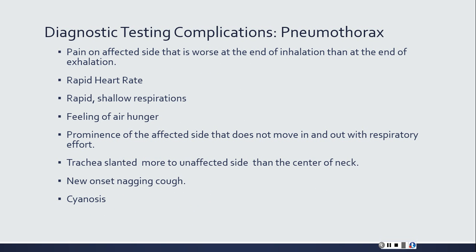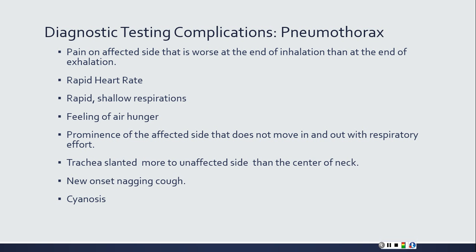Rapid heart rate, rapid shallow respirations, feeling of air hunger, prominence of the affected side that does not move in and out with respiratory effort. So, unilateral movement during inspiration, one side does not move at all. One side you don't see any inspiration and expiration going on at all.